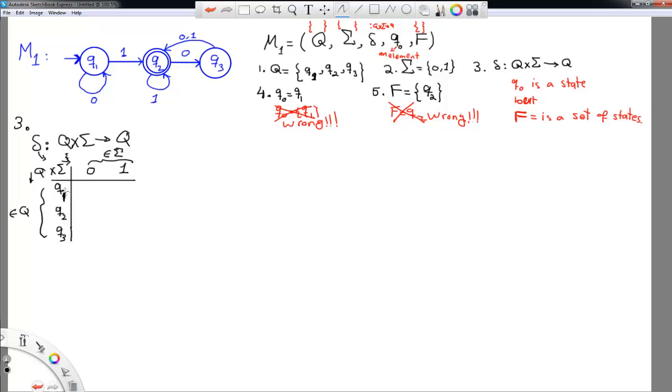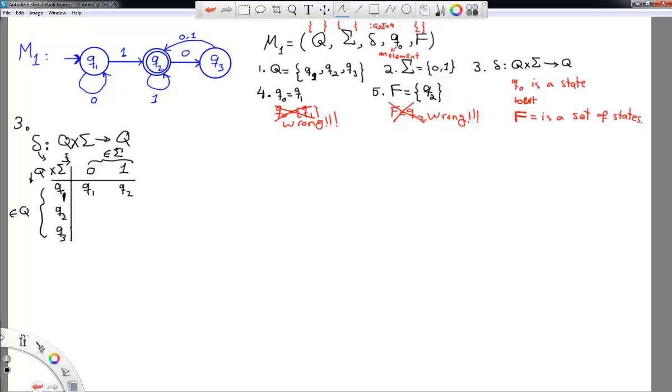Then I'm going to look at state Q sub 1 over transition 0. Which state am I going to go to? If I'm in Q sub 1 and I see 0, I stay in Q sub 1. So this element is going to be Q sub 1. If I'm in Q sub 1 and I see a 1, I'm going to go to Q sub 2. So this element is going to be Q sub 2.